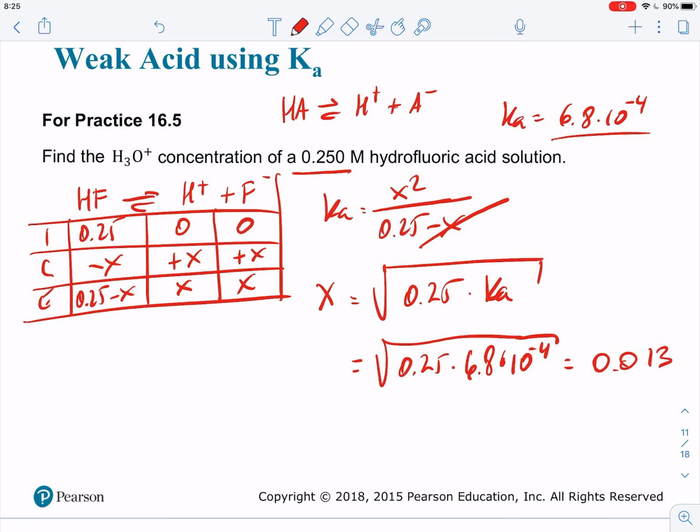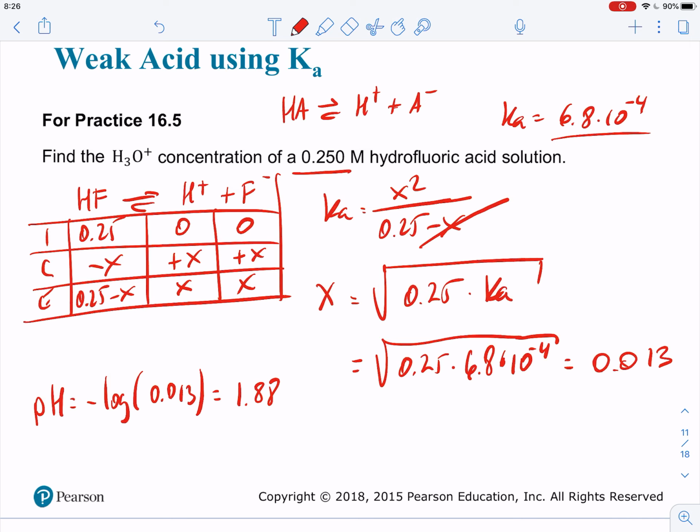So the change is really small for the concentration of hydrofluoric acid. You can assume that it's practically the same as the initial. pH is minus log of 0.013, and this is equal to 1.88.